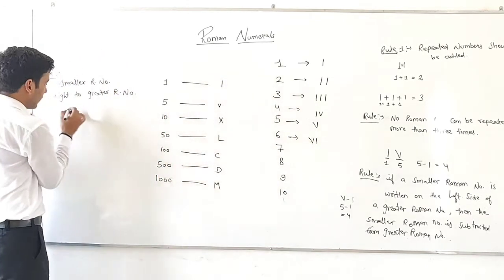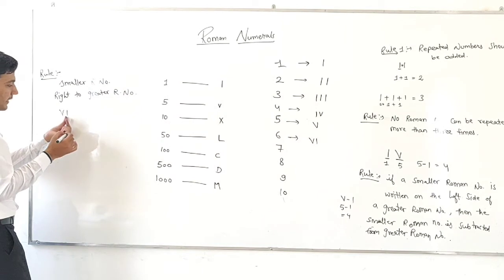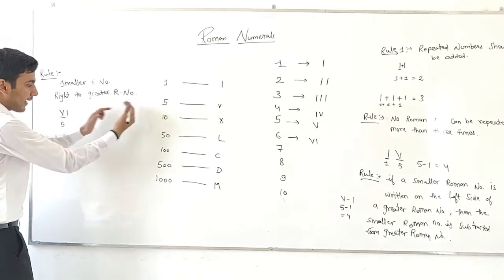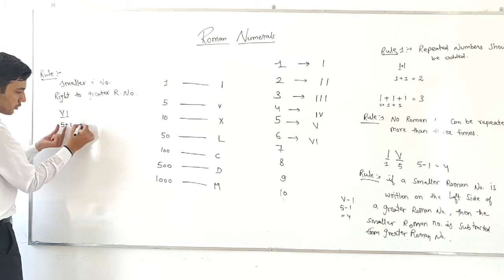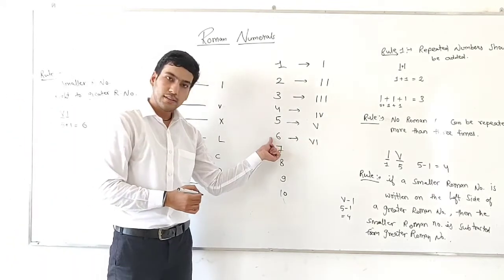That is, for this symbol VI, this is for 5 and you write the smaller on the right side, so 5 plus 1, this is for 1, so 5 plus 1 is 6. So this is for 6.